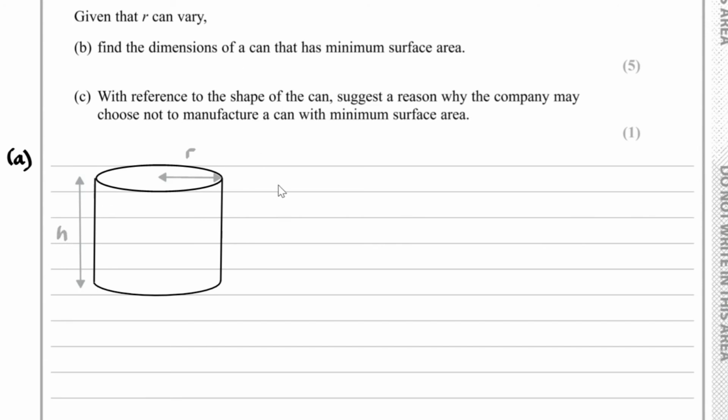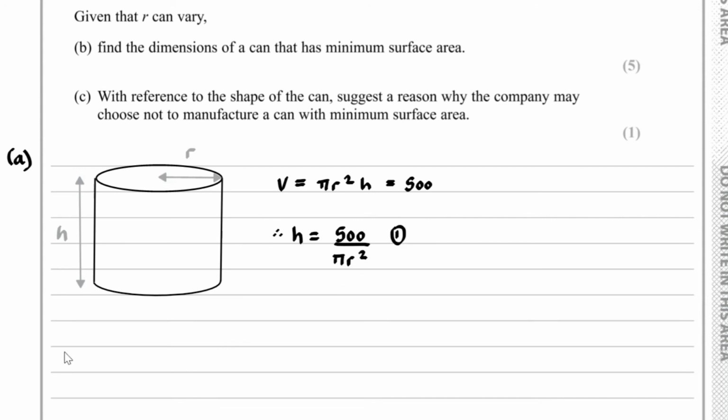Now the volume v, that's equal to pi r squared h, and we are told that the volume is 500. So we can rearrange for h to say that h is equal to 500 over pi r squared. We'll call this equation 1, just in case we need it later on.